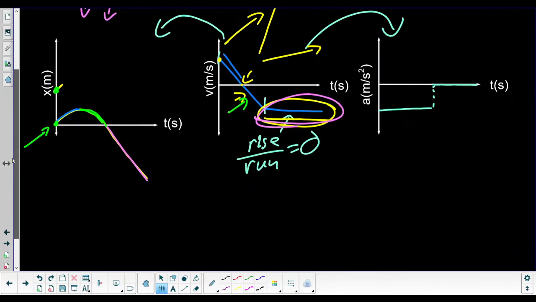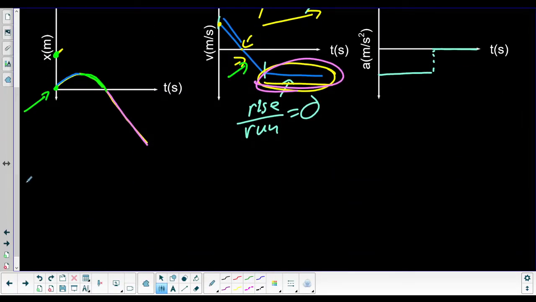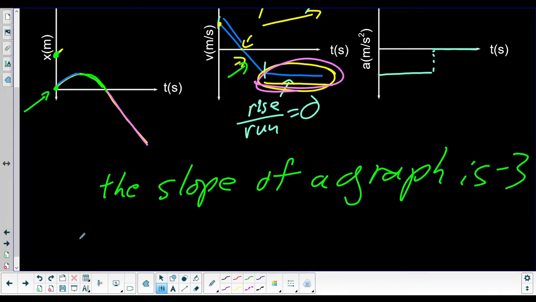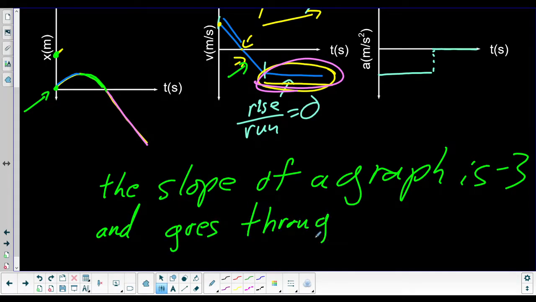Think about when you're in your math class and they say the slope of a graph is -3. For you to be able to make the graph that they want, they have to say it goes through 2, 4, right?